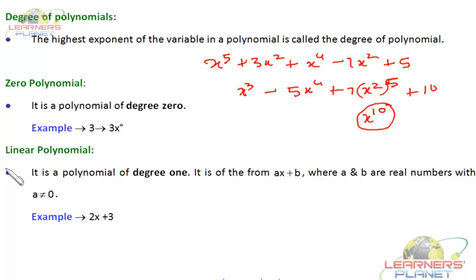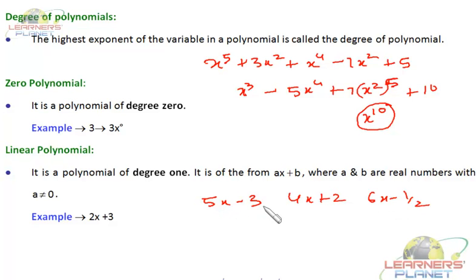Similarly, what is a linear polynomial? It is a polynomial of degree 1. It is of the form ax plus b, where a and b are real numbers, and a is non-zero. Let's take examples: 2x plus 3, 5x minus 3, 4x plus 2, 6x minus half.